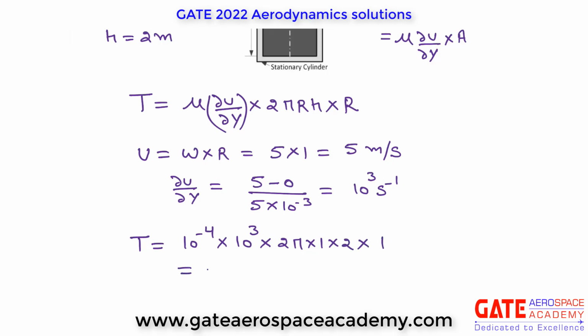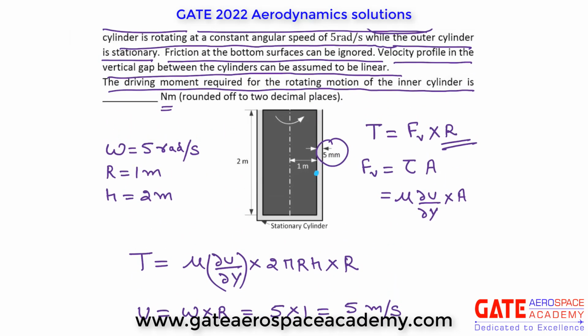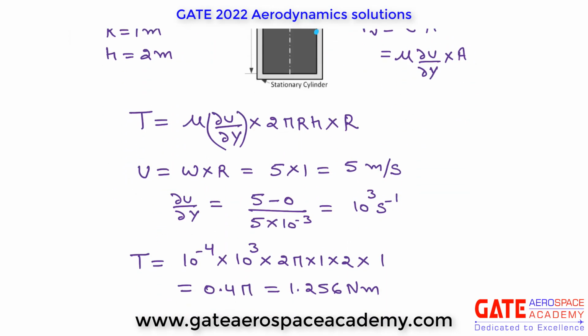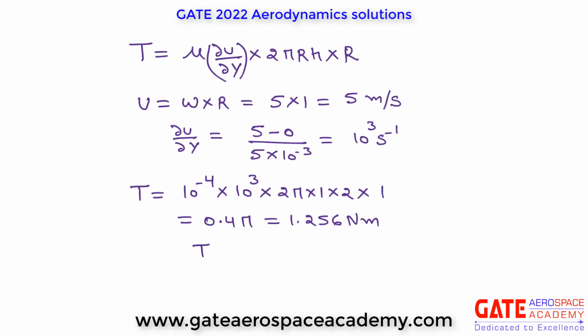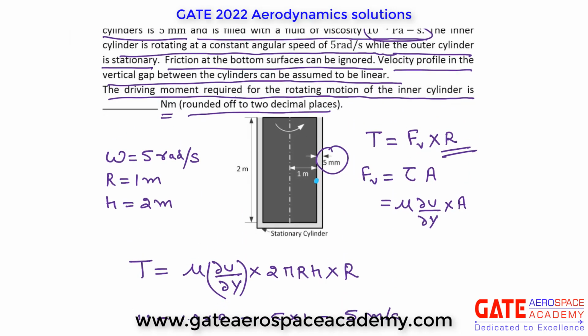So it will be 0.4 pi, that is equal to 1.256 Newton meter. Right, so this much amount of torque is needed, means driving moment, rounded off to 2 decimal places. So torque is equal to 1.26 Newton meter. Right, this will be the amount of driving moment required for the rotating motion of the inner cylinder.